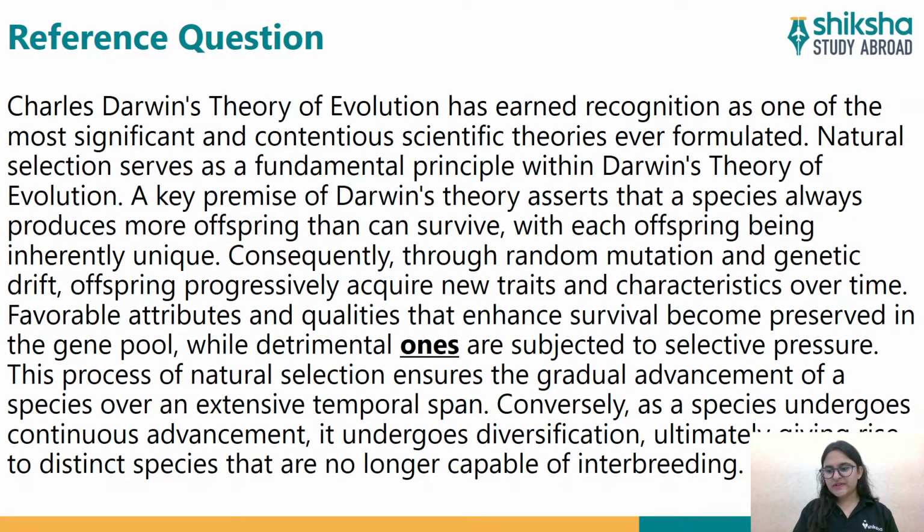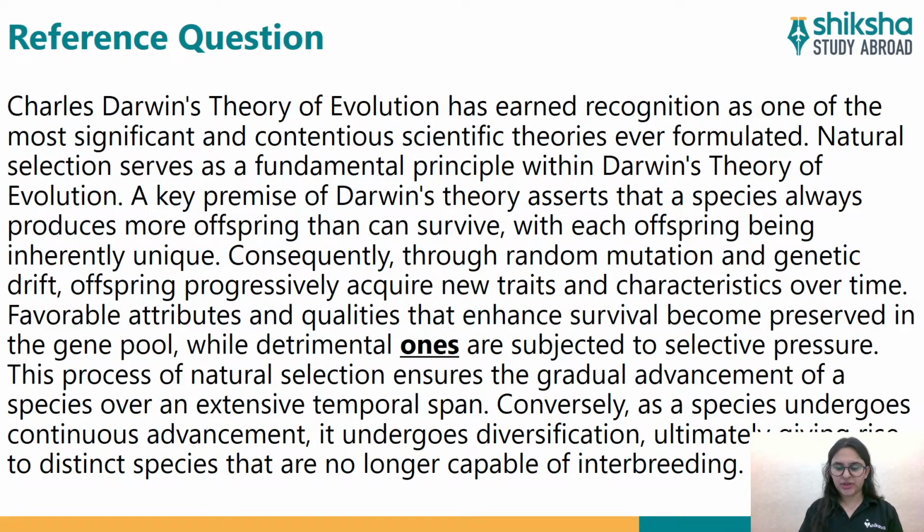Yes, so Nergis is also saying what the highlighted word refers to. Yes. The ones are the subject to relate to selective pressure. You can just read a few lines before the highlighted word and you will come to know what is being talked about. You can read one or two lines before the highlighted word and after it.